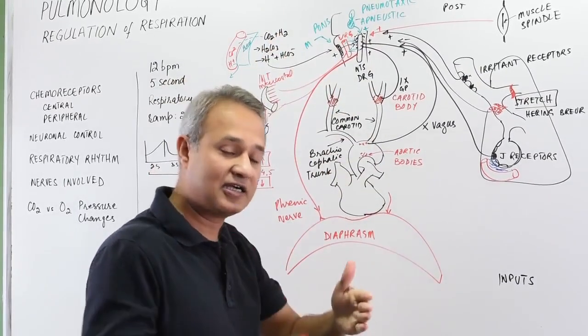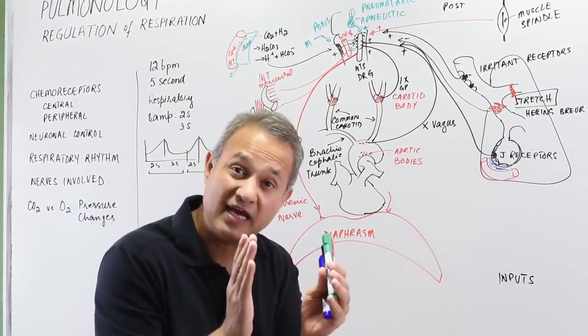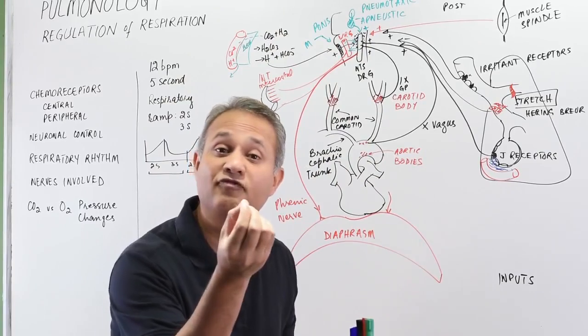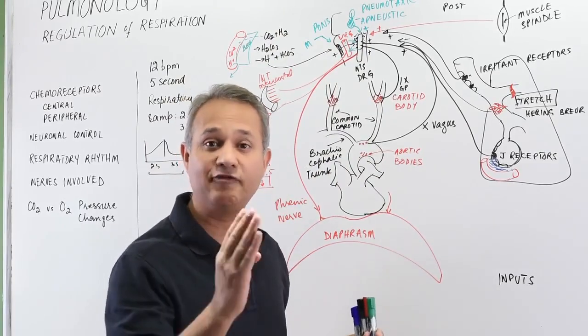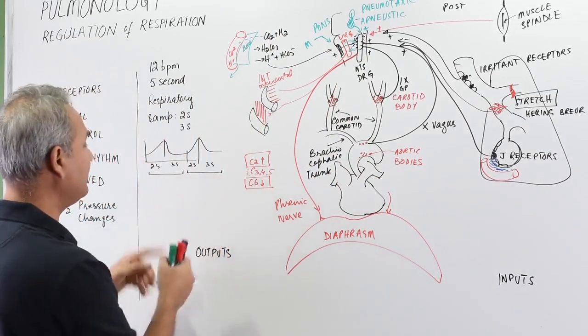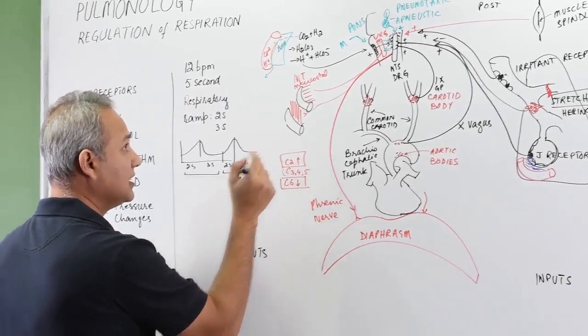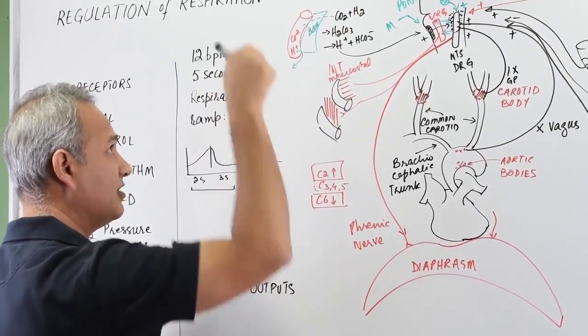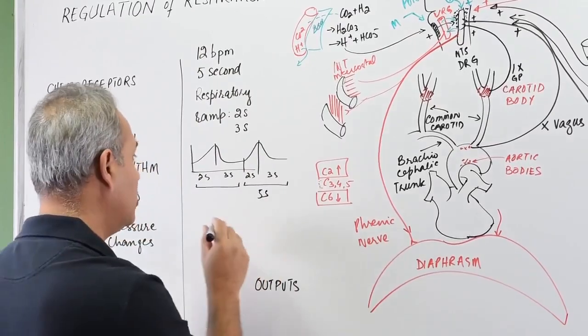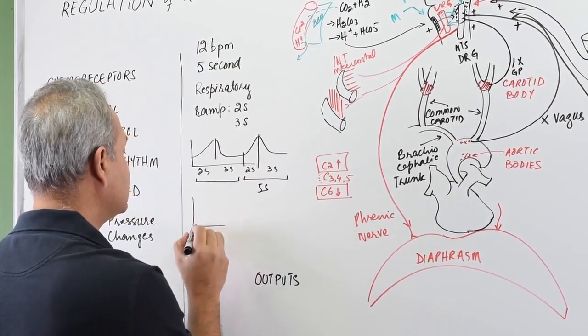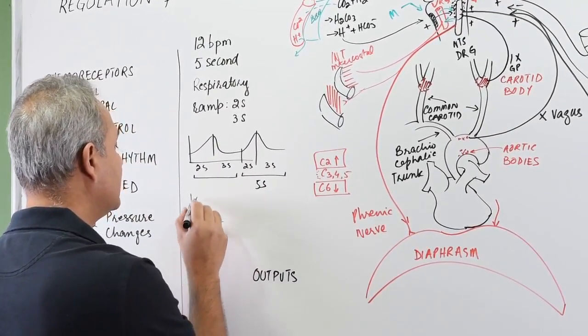The pneumotaxic center cuts off. It can actually reduce an inspiration to half a second. Normal inspiration is 5 seconds. When the pneumotaxic center inhibits the system below, it can cause the inspiration to only occur within half a second.